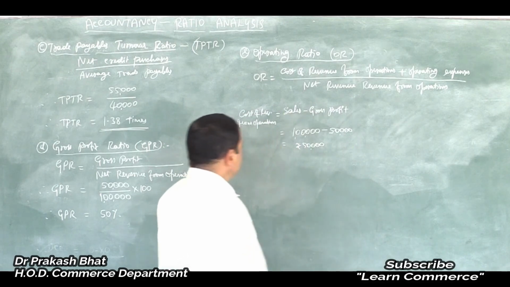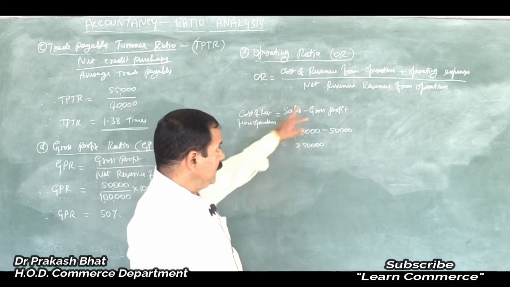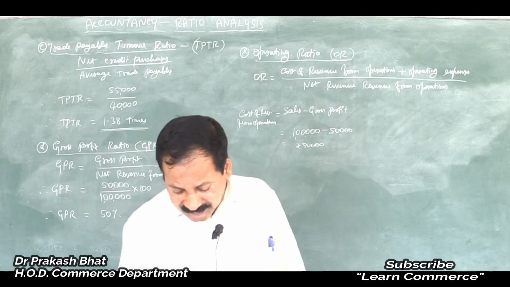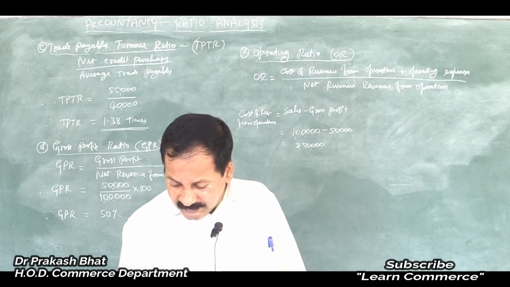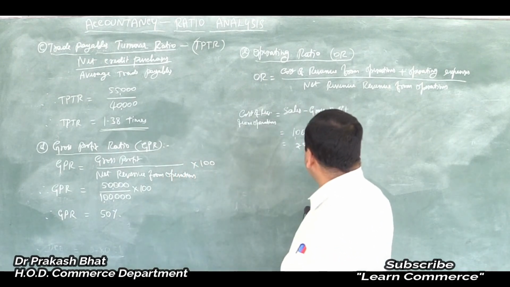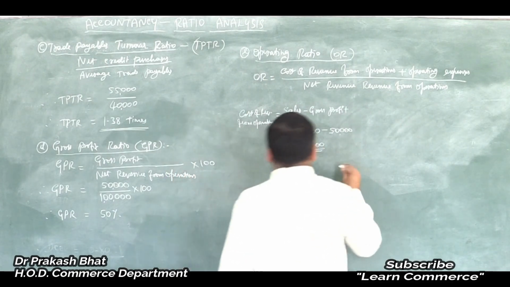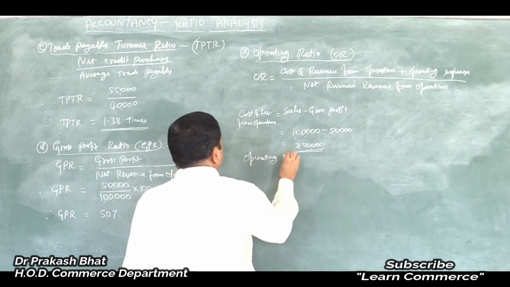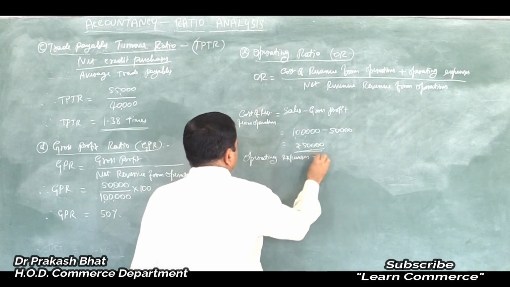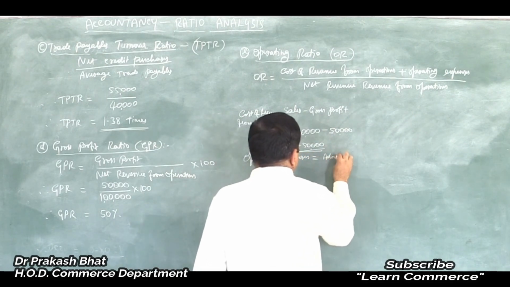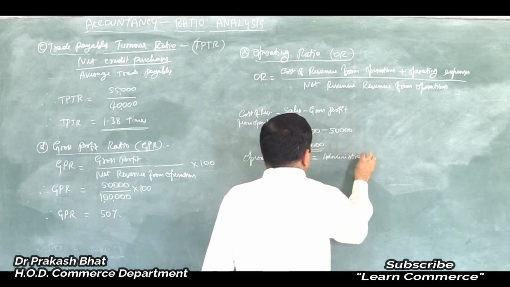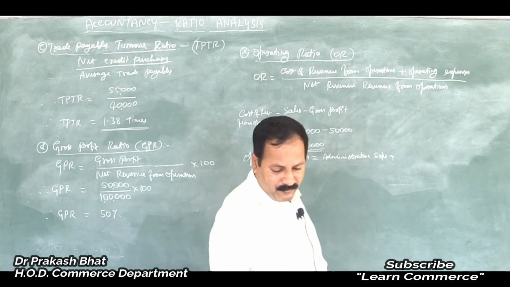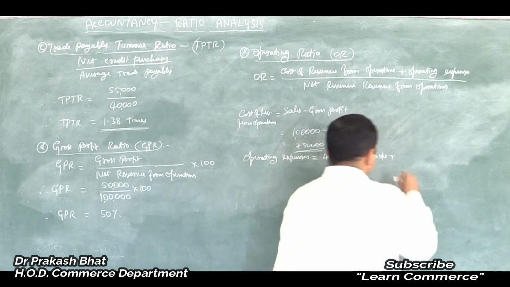Right? Then net revenue from operations, it is there in the problem. No headache for us. What else we need? Then we need operating expenses, isn't it? Operating expenses is equal to administrative expenses plus selling expenses, right?